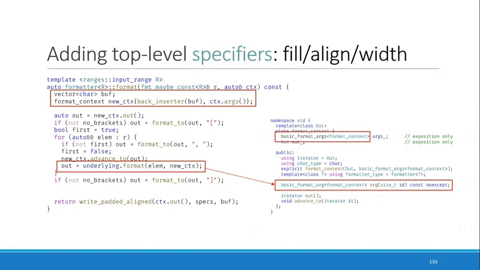And now we run into this other problem, which is that args is templated on the context, which is templated on the output iterator. That happens to work if the output iterator I pick is the same one as the original context, which of course there's no guarantee of in general. And given an arbitrary output iterator, there's no way for me to necessarily provide a nice different target for it. Okay, so I'm kind of stuck.